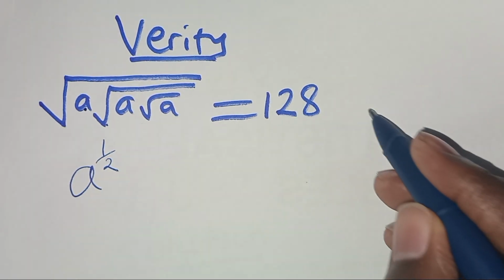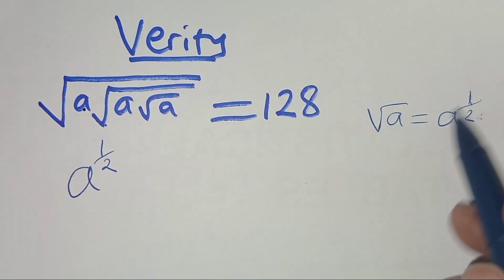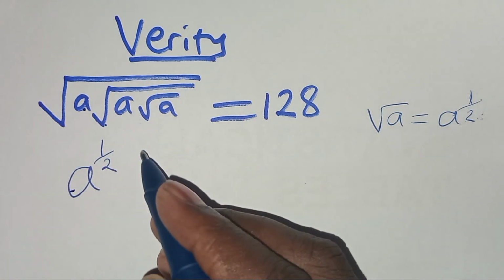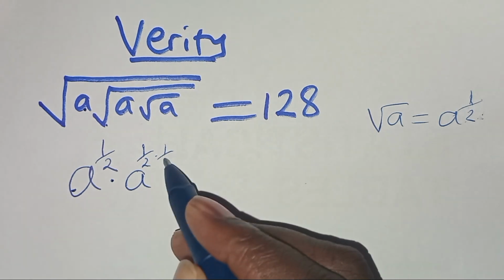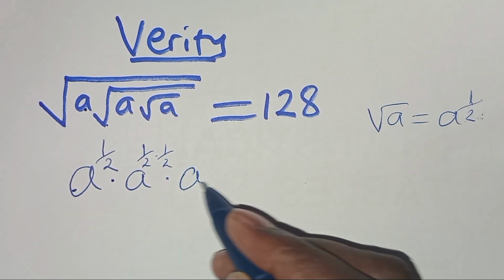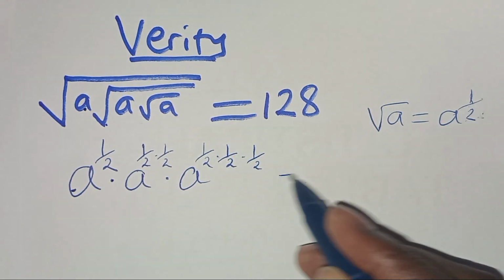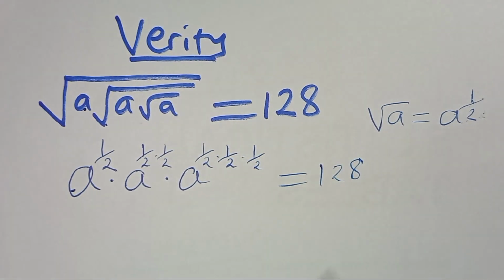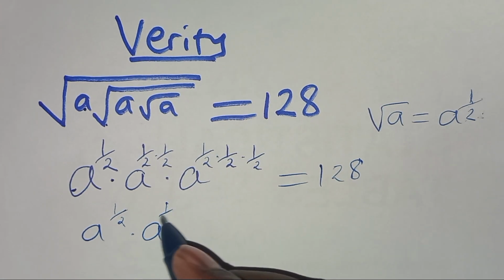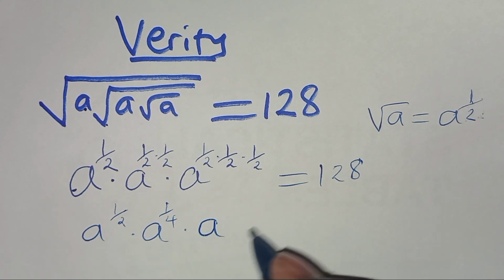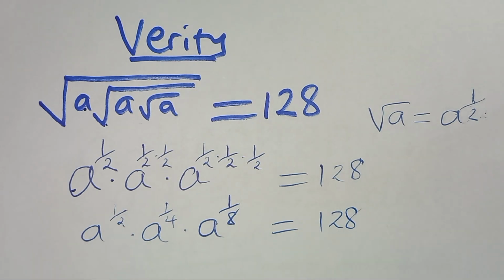So we'll have a to power half, multiplying by a to power half times half, multiplying by a to power half times half times half. So this is a to power half, multiplying by a to power 1 over 4, multiplying by a to power 1 over 8, which should give us 128.